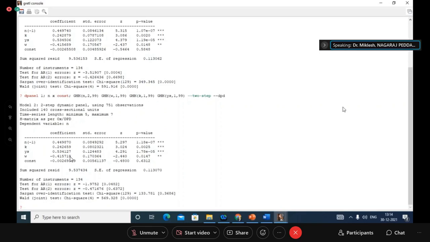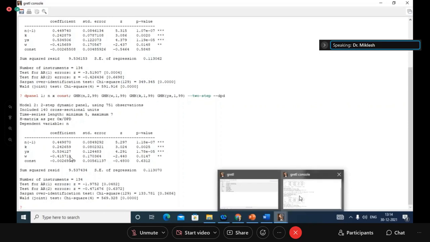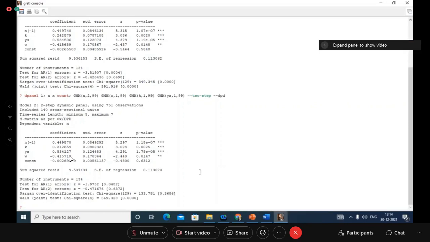So these all are the conditions of your system GMM, and then the condition of what? Sometimes people say, sir, I want to check the time dummy also. Simply, what is the command? Before these two step, I write dash dash time and then enter.